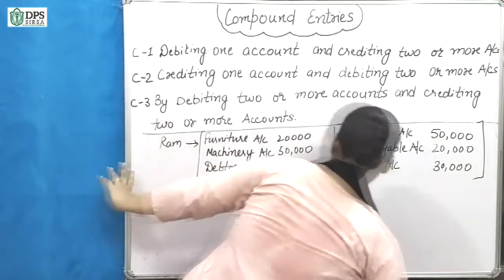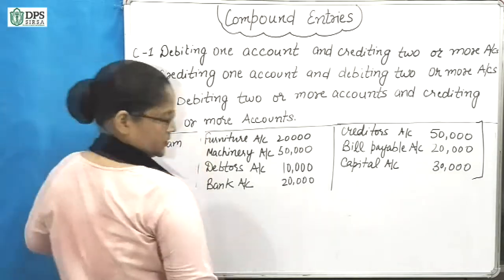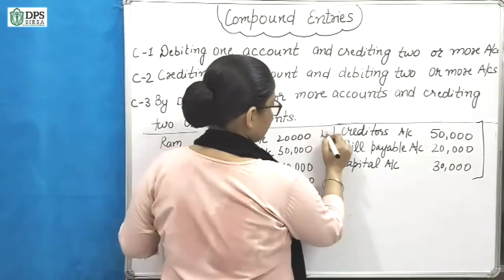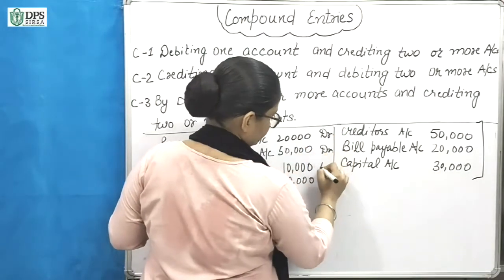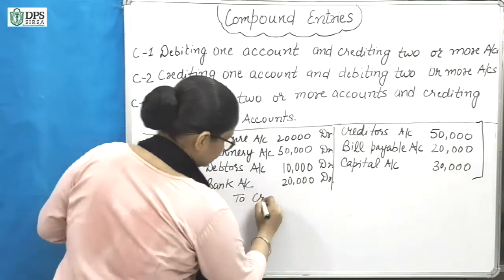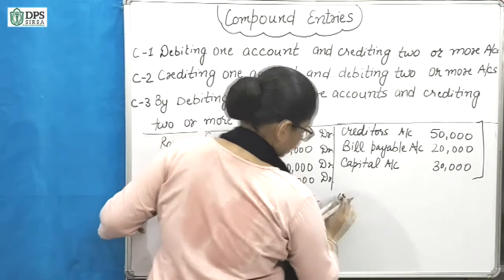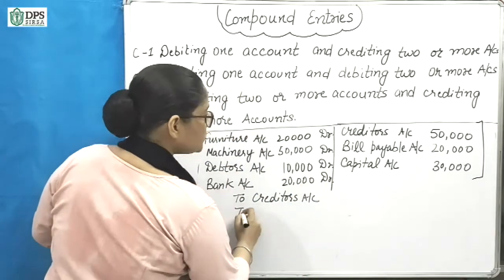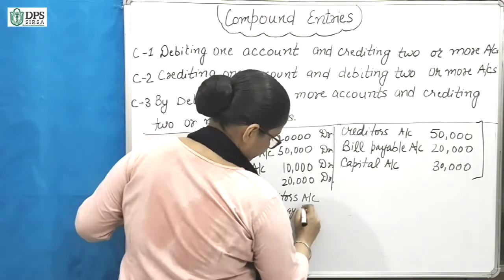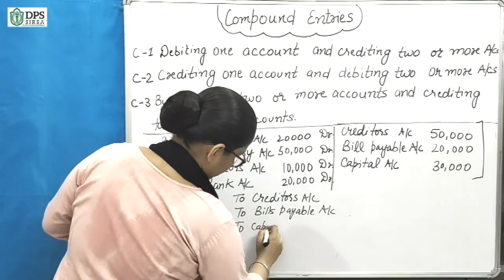So why to repeat, I am writing here 2, ये सब डेबिट हो जाएंगे और यहाँ पे हमारे पास लायबिलिटीज हैं वो क्रेडिट हो जाएंगी. क्रेडिटर्स अकाउंट क्रेडिट, यहाँ लिखते नहीं है क्रेडिट. 2 बिल्स पेएबल अकाउंट, 2 कैपिटल अकाउंट.